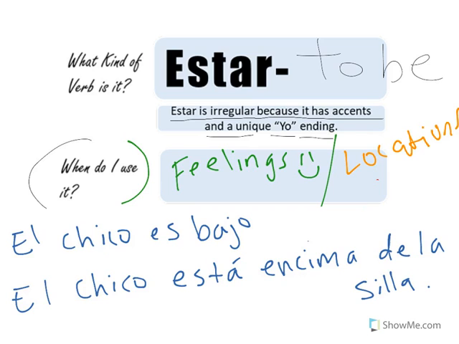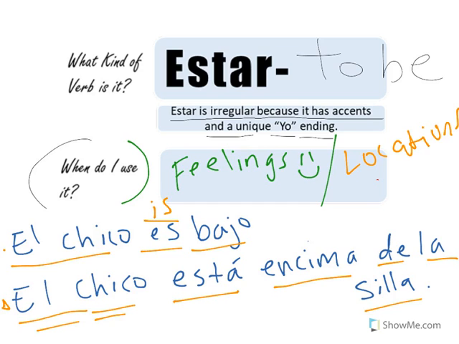So here are my 2 quick examples. We have el chico es bajo. This word here means is. Second sentence. El chico está encima de la silla. The boy, this word means is.